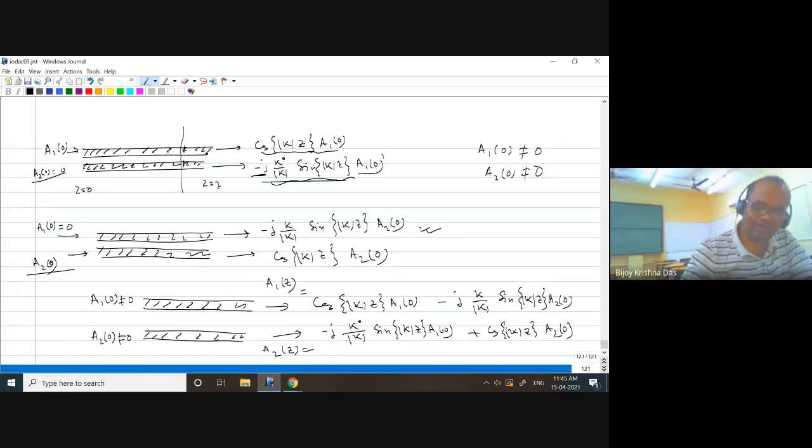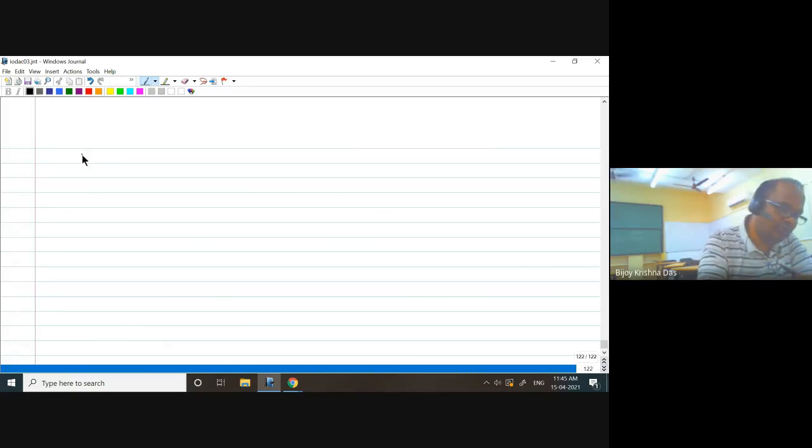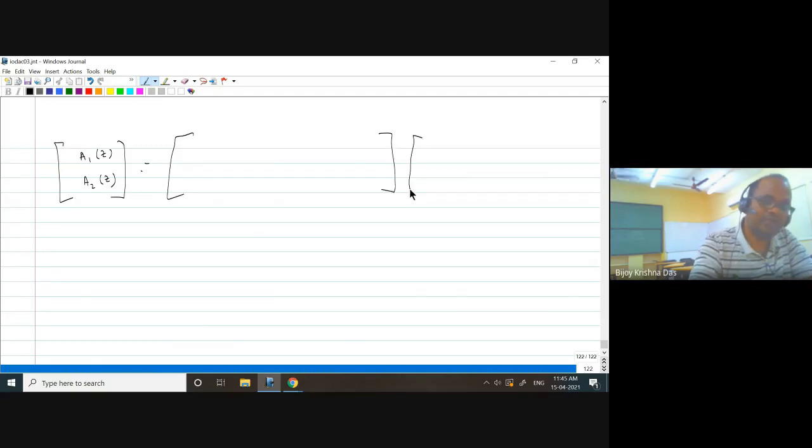Okay, so if I try to represent these two equations in a matrix form, what will I be writing? I will have A1z and A2z as a column matrix here, right? And then I need to write this thing, and this will be your A10, A20. Is that correct? So I need to find the matrix element for this.